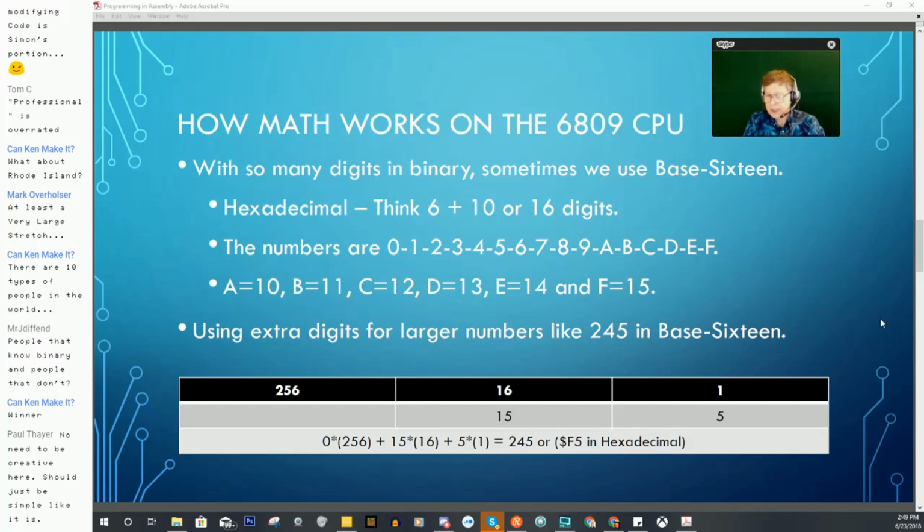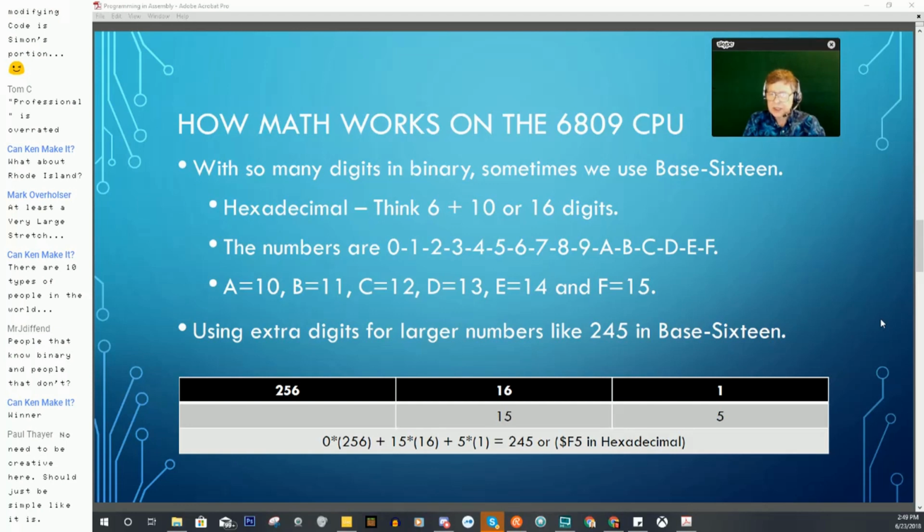So if you look at the little thing at the bottom where I show the numbers being added up, it's 15 times 16 and 5 times 1, which is 245, but comes out as F5 in hexadecimal. Because F is the 15. That number 15 under the 16 you write as F, and then the 5 is just 5.